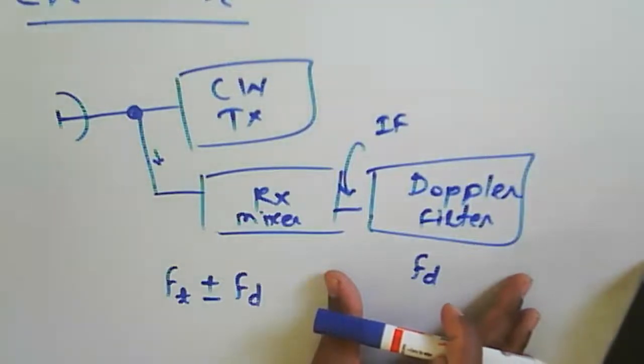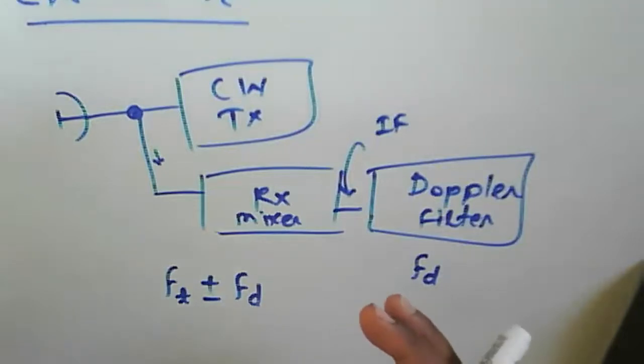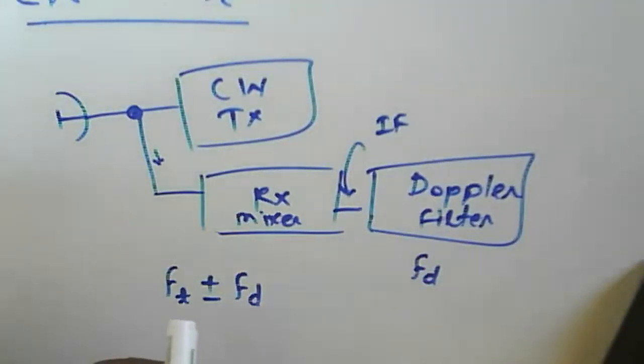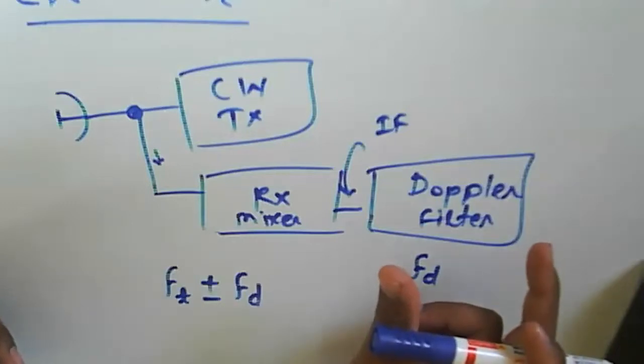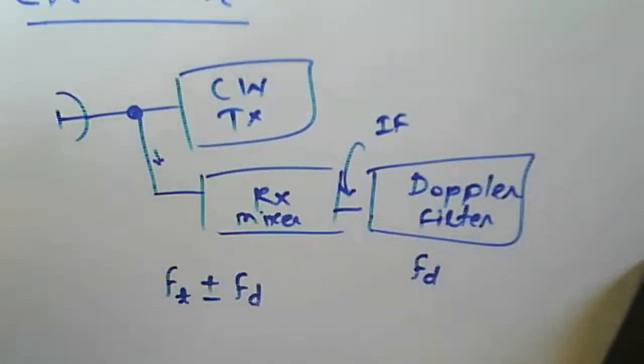But when we consider a wideband Doppler filter, because of its introduction, it will increase the noise in the system. Because of the wideband operation of the filter it introduces noise, and if it introduces noise, then the sensitivity of the receiver will be reduced.